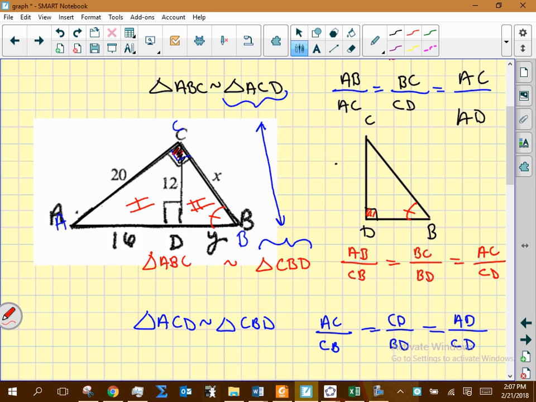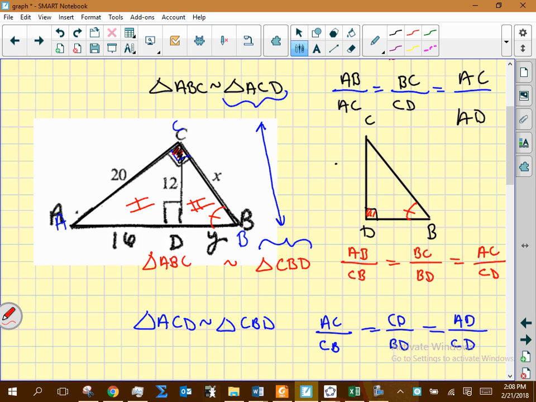Meaning then that I can take the big triangle, multiply it by that scale factor to reduce it to triangle number 1 size. Well, hopefully you understand that I cannot multiply by the same scale factor to reduce it to triangle 2 size. The big triangle and triangle 2 are going to have a different scale factor. And likewise, triangle 1 and triangle 2 are going to have a different scale factor.